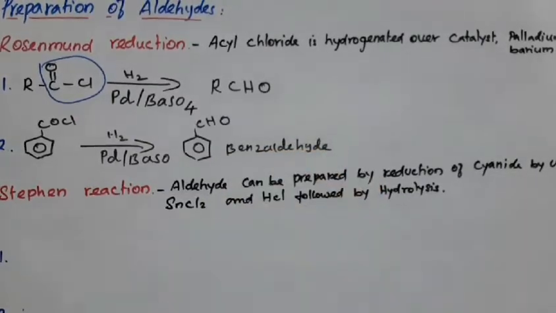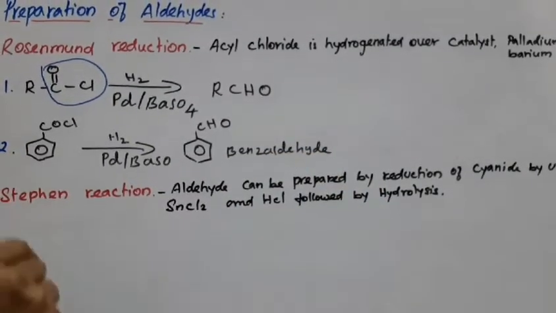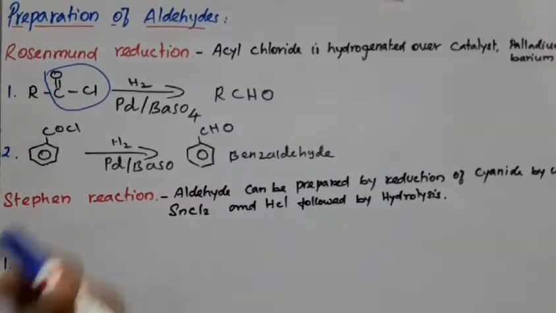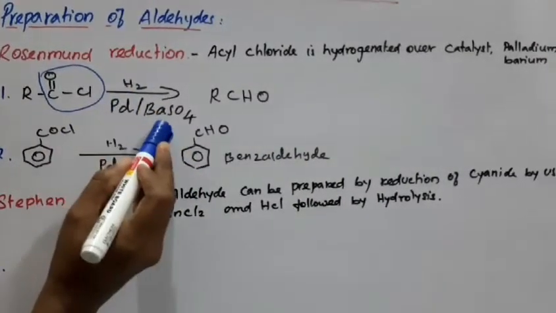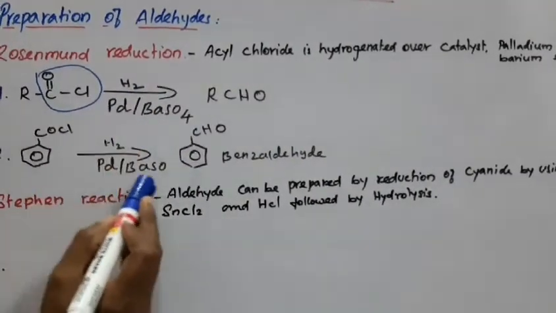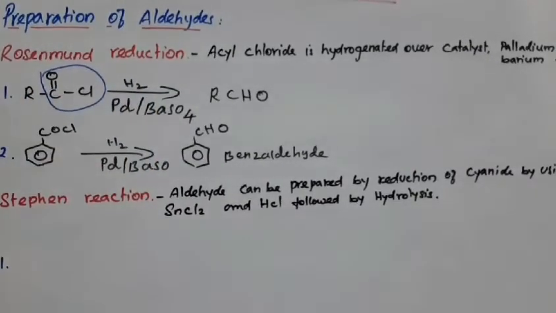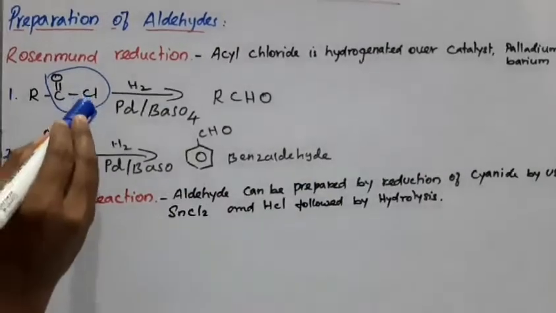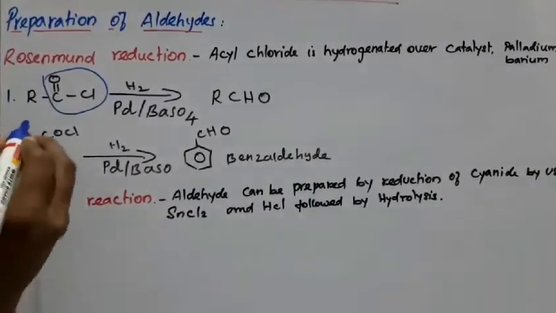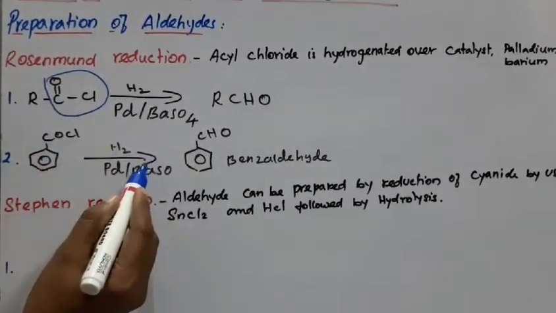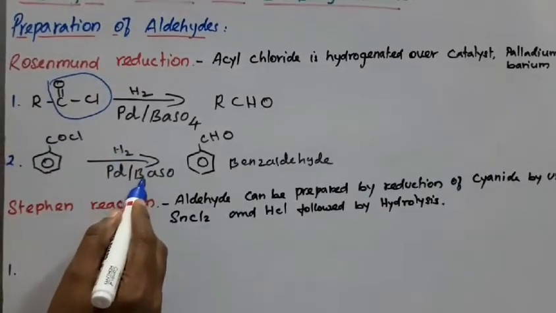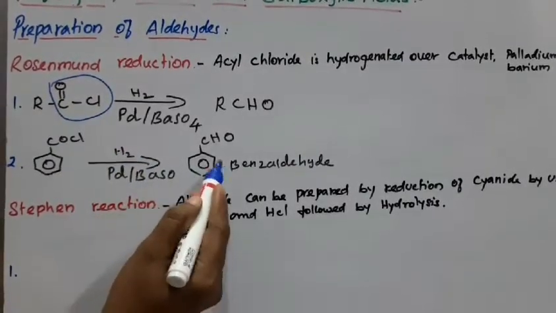Students, in your question paper, when you see hydrogenation with palladium barium sulfate, that is the Rosenmund reduction reagent. So what is the Rosenmund reduction reaction? Alkyl or aryl acyl chloride in the presence of hydrogenation is converted to give aldehyde.